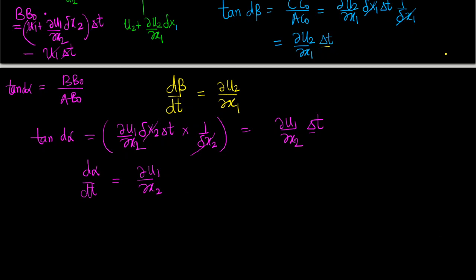That is, if this particular point has a larger velocity as compared to this particular point, meaning if ∂u1/∂x2 is positive, then we will have a rotation of this angle. This is what this means.